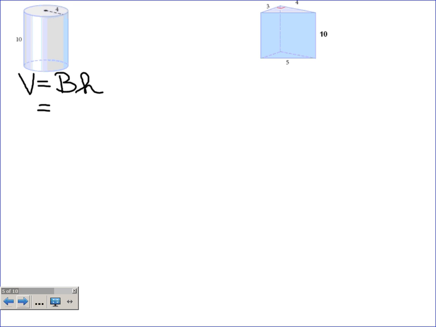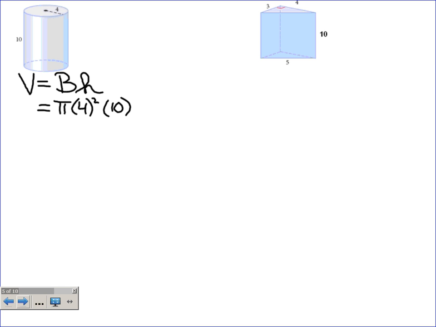Circle? Okay, how do you find the area of a circle? Don't tell him, he's got to figure it out himself. Okay, so pi r squared. What's our r? 4. So we do 4 squared. What's the height of our cylinder? 10. Okay, so the area of a circle is just pi r squared.